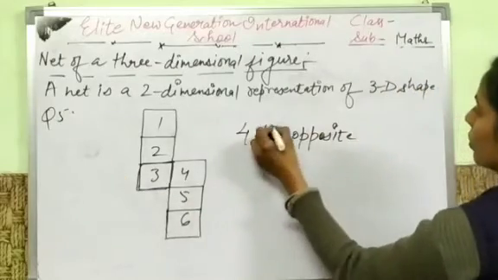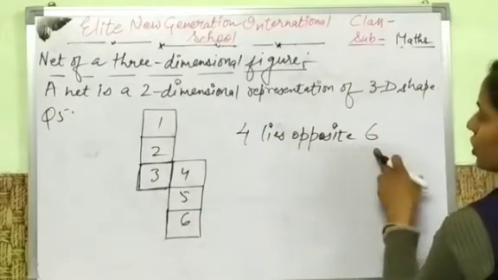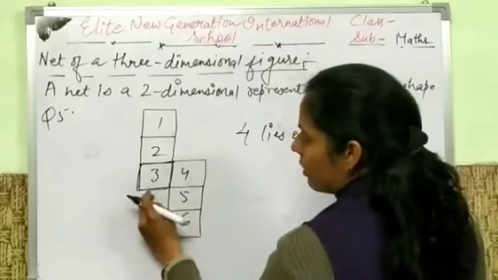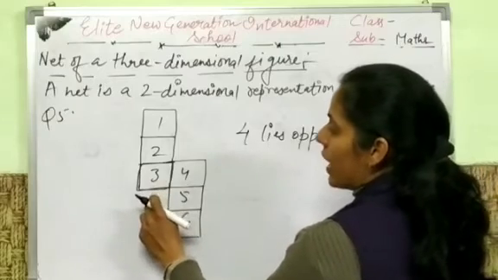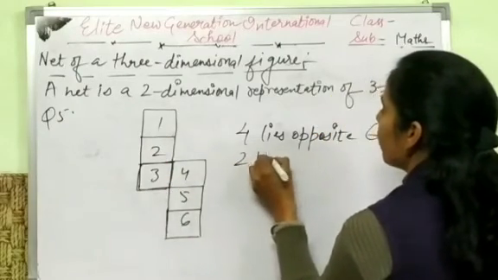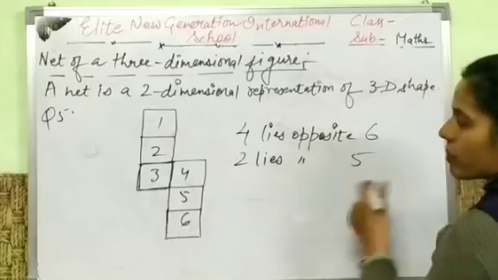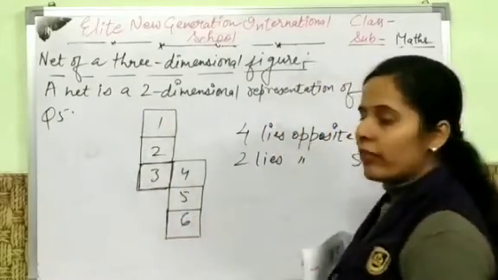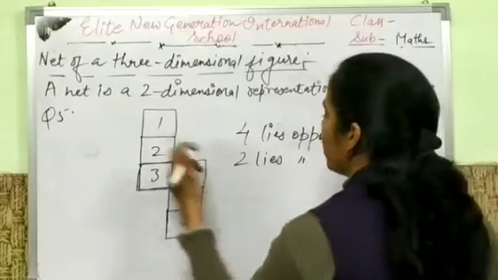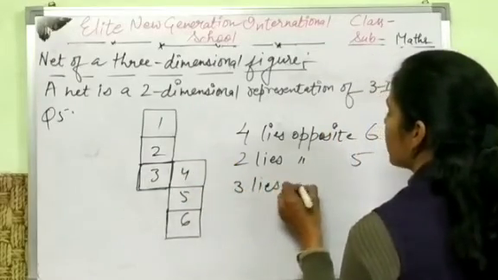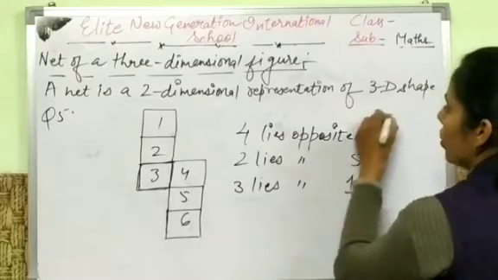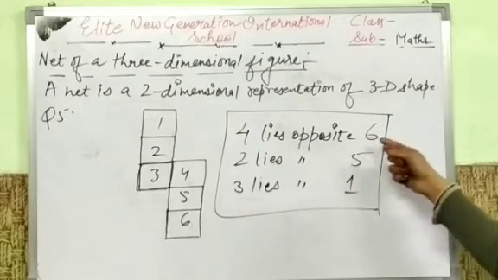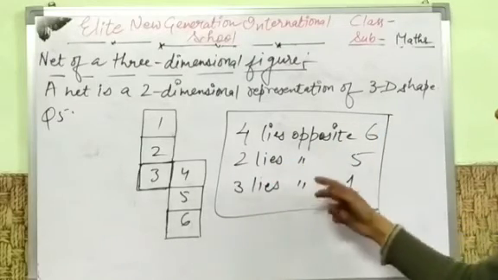And according to this, 2 lies opposite to 5, because 5 will be here. When we fold it up, 1 becomes the top face of this net of a cube, so 3 lies opposite to 1. So you have to fold these faces in such a way that 4 lies opposite 6, 2 lies opposite 5, and 3 lies opposite 1.